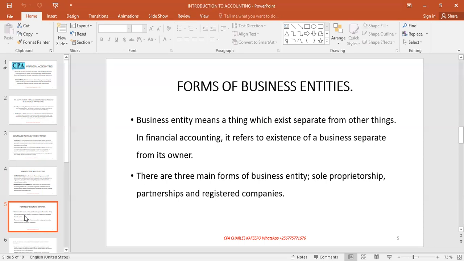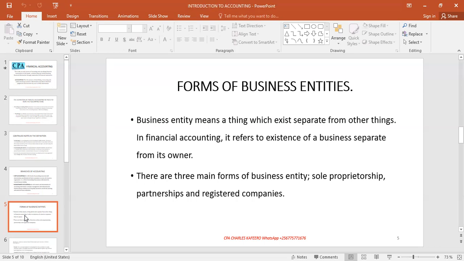But in financial accounting, we are saying the business entity should be separate from its owner. By the time the owner dies, the business must stand. That's the interpretation. So the main forms of business entities we are going to be talking about here are the sole proprietorship, partnership, and the registered companies.